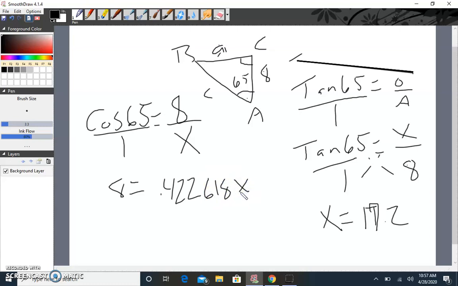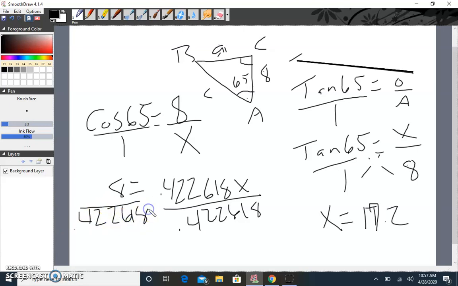Okay? How do we get x by itself? We have to divide by that, and do it to both sides. This will give us x over here. And 8 divided by that gives us 18.9 rounded.